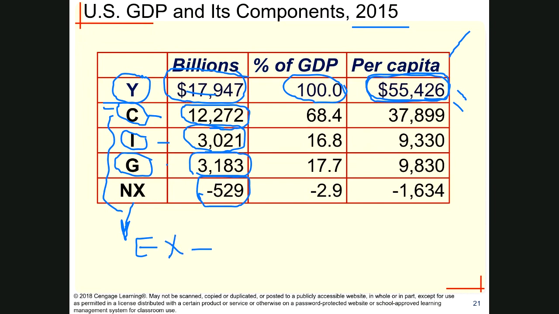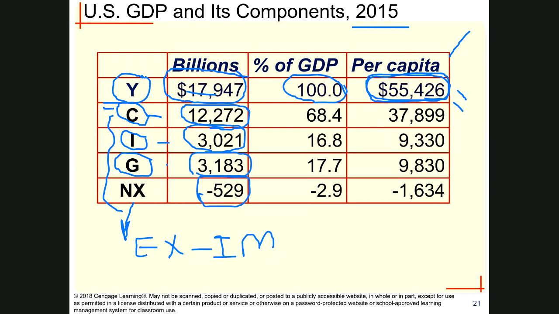When it's negative, which means we import more than we export, by about 529 billion. Which is not a big chunk of GDP.